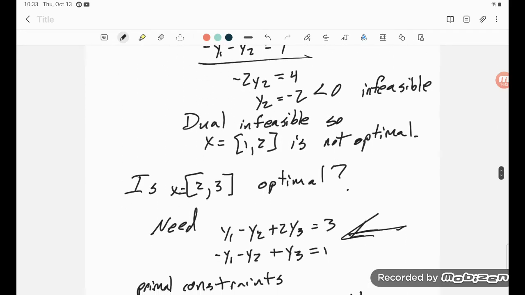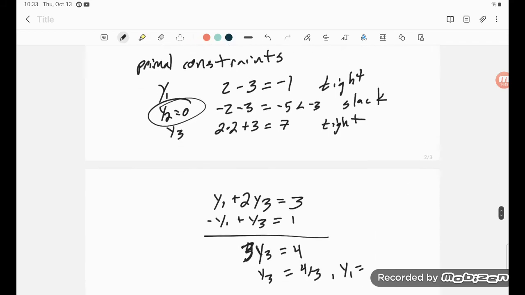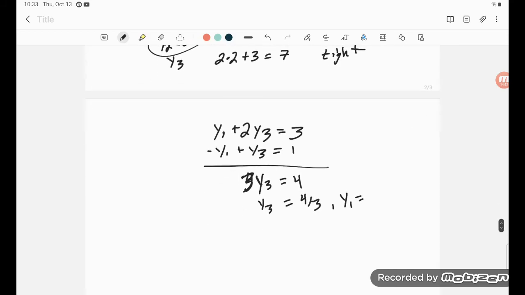Okay, I think I got it. I think I had something wrong in some notes I have there. If y3 is 4/3, then y1 is, I think, 1/3, because you take 4/3 minus 1/3 right here, and you get 1.